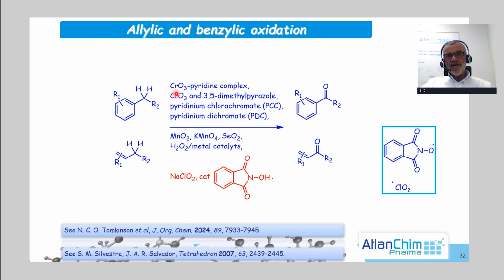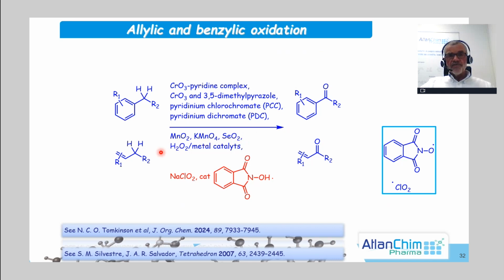However, the use of large excess quantities of reagents in most of these procedures, along with the difficult workup and the toxic chromium residues, makes such a procedure inconvenient on a large scale. Other classical stoichiometric oxidative processes involved the use of manganese dioxide, potassium permanganate, or selenium dioxide.